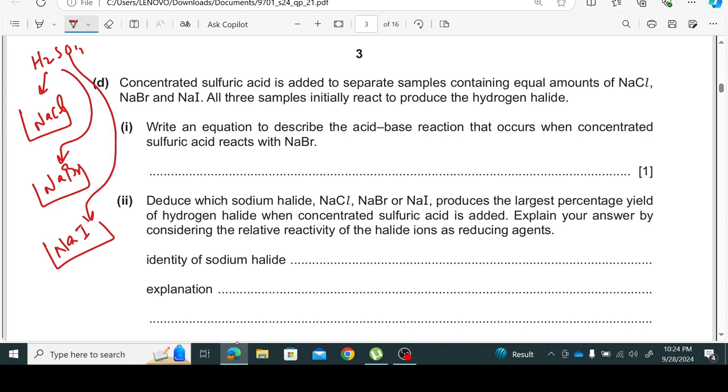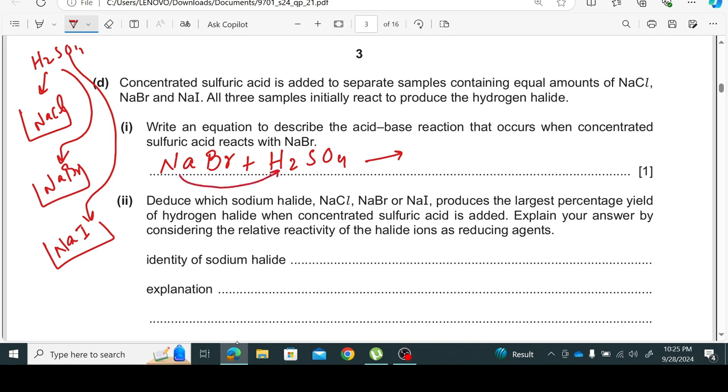So you can write it here: sodium bromide, NaBr, reacting with sulfuric acid, H2SO4. Understand? In an acid-base reaction, the metal will be displaced by hydrogen. I think you studied this in your O levels. Sodium is more reactive than hydrogen, so sodium will displace hydrogen from here.